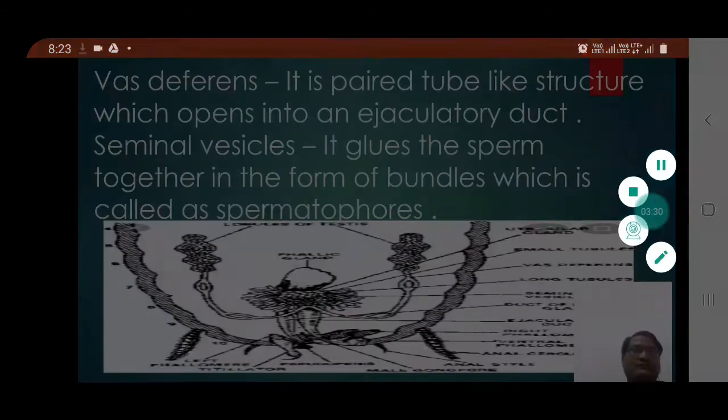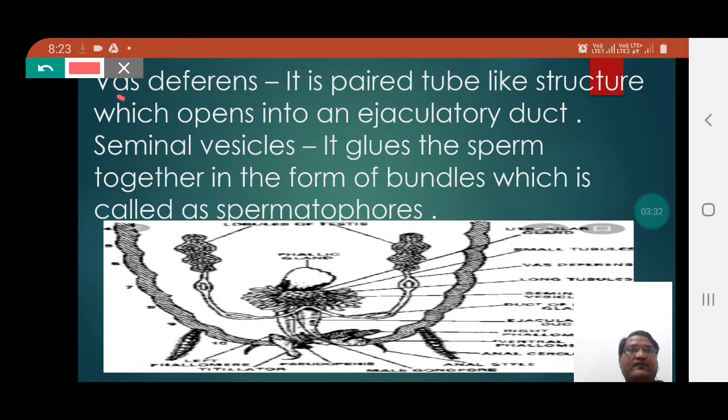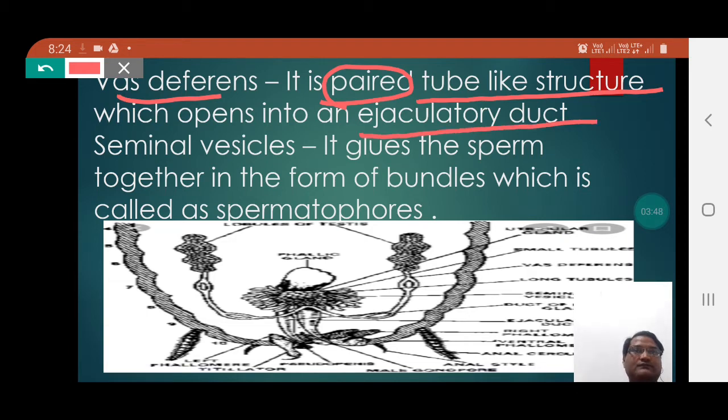So students, vas deferens actually is 2 in number. That is why it is written as paired, and because it appears like a tube, that is why it is written tube-like structure, and which finally opens into the ejaculatory duct. Vas deferens acts as the connecting link between the testis and the ejaculatory duct.